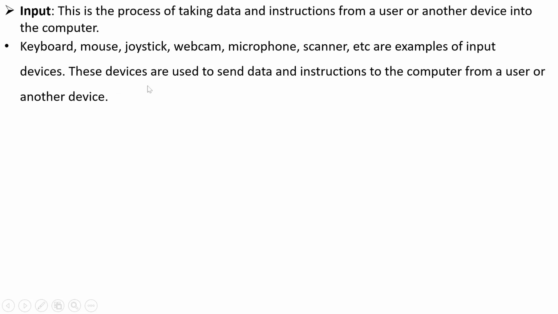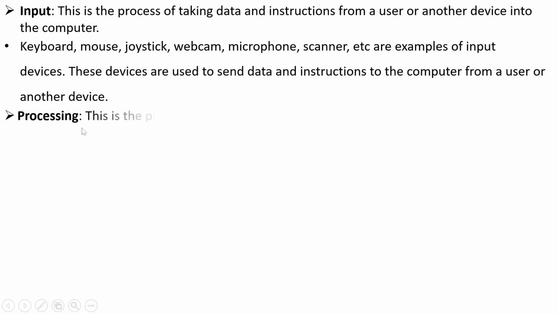These devices are used to send data and instruction to the computer from a user or another device. That's what you should know when you hear of input devices. These are the ones you use to put information into the computer.